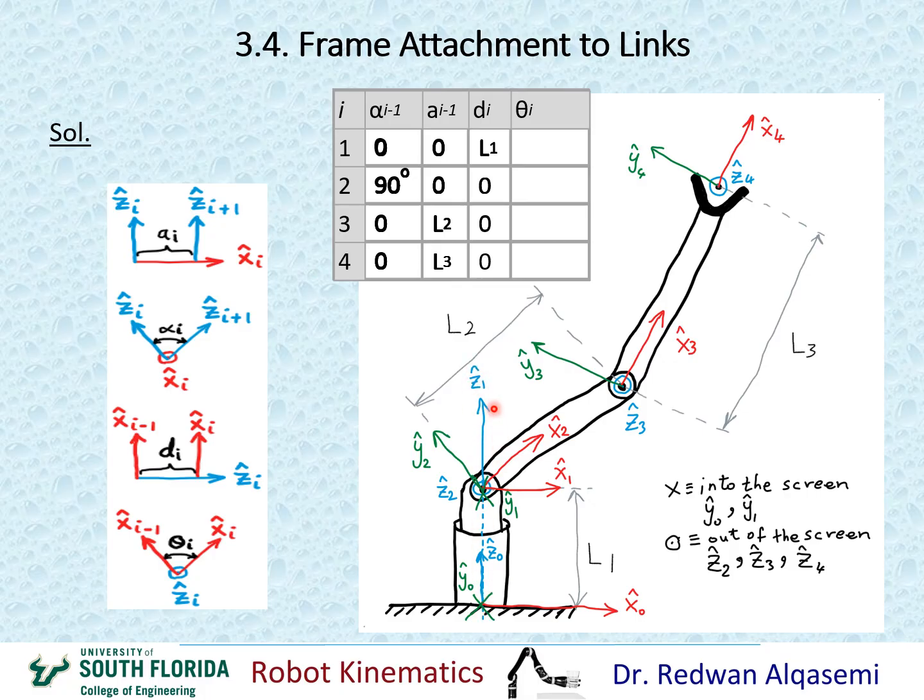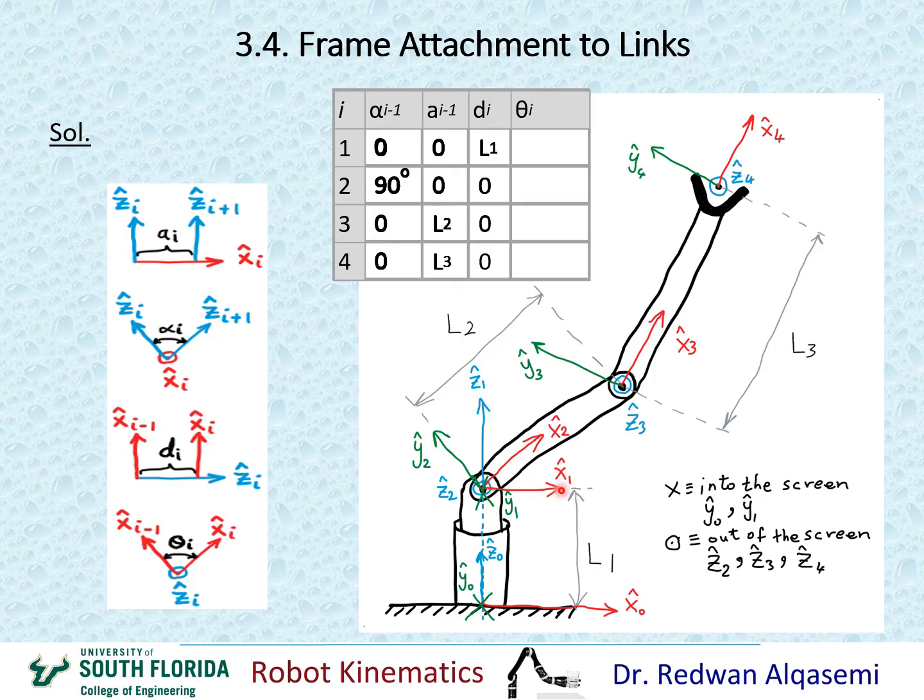Okay, so obviously the way they look right now, it looks like the angle is 0, but as soon as you start moving joint 1, this x1 will move along with the first link. So this will start rotating about the z1 axis. That means this angle here is a variable angle. I cannot take it the way it's drawn right here.